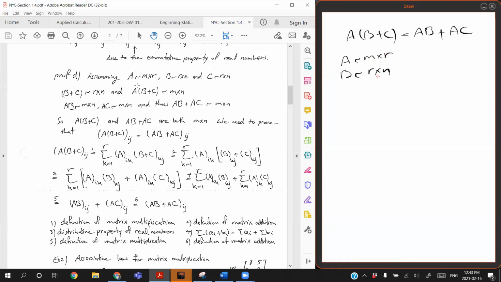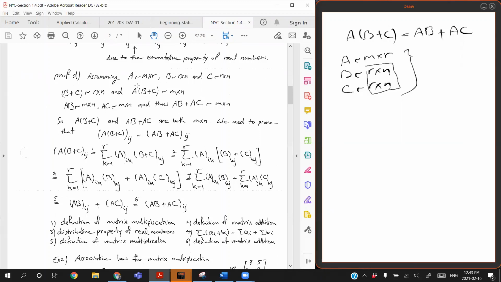But M does not have to be the same as N. This could be two different numbers. C must also be R by N, because if C and B are not the same size, then this addition here would not be defined. So that's the most general form you can define these three matrices.